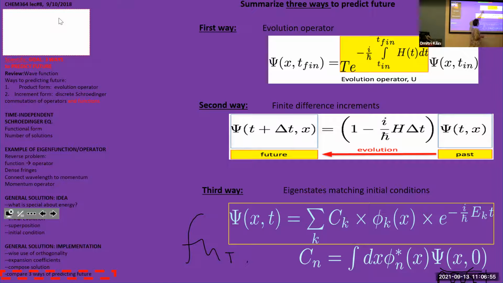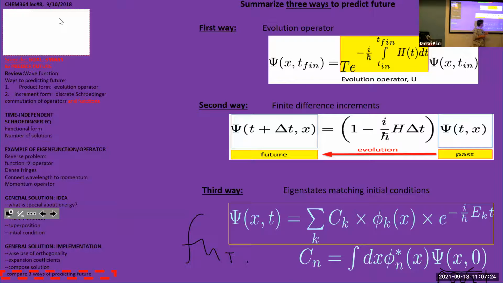We can get the wave function at the final time by applying evolution to this yellow box. Or if the time increment is really small, we can replace this evolution operator by 1 minus Hamiltonian times delta t, which can be derived either from the time-dependent Schrödinger equation, or just by expanding this exponential into a power series and dropping higher terms.